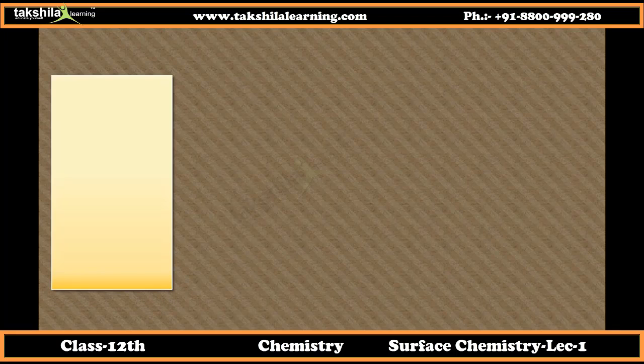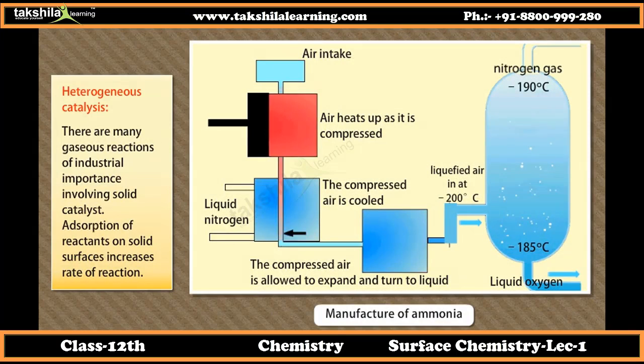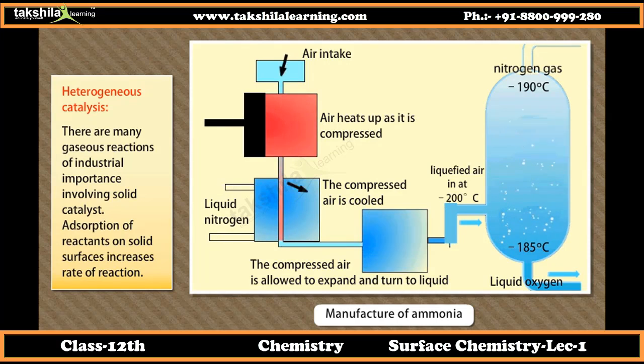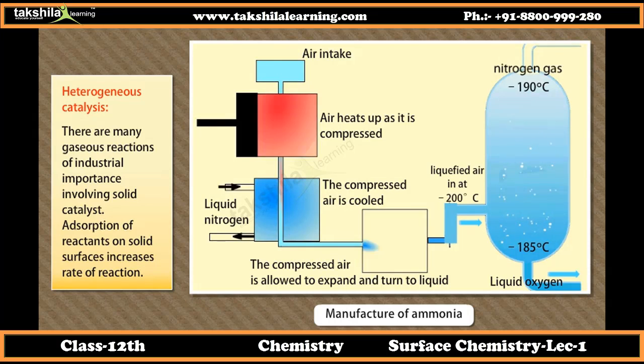Some other applications of adsorption. Heterogeneous catalysis. There are many gaseous reactions of industrial importance involving solid catalyst. Adsorption of reactants on solid surfaces increases the rate of reaction. For example, manufacture of ammonia, sulfuric acid, and hydrogenation of oils.